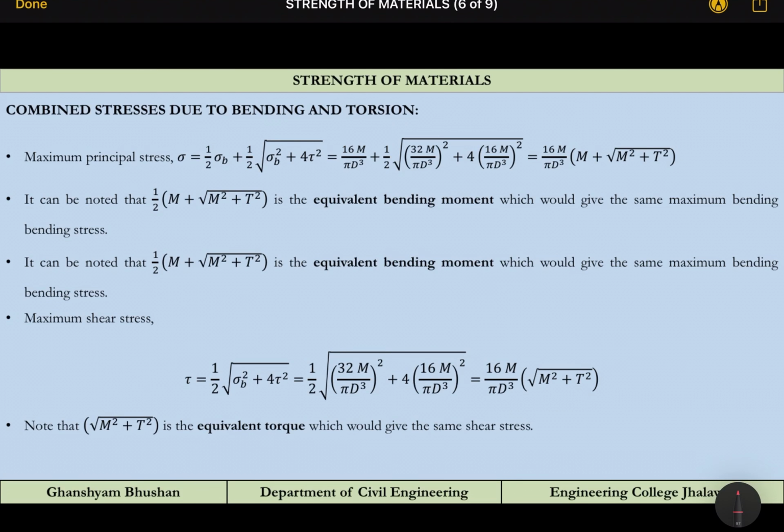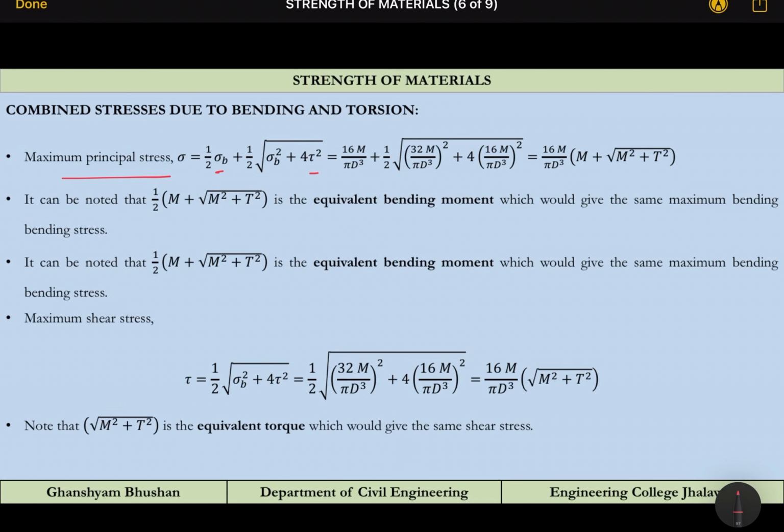For the maximum principal stress, with a normal stress and a shear stress, we have the formula half of sigma x plus sigma y, plus half root of (sigma y minus sigma x) square plus 4 tau square.